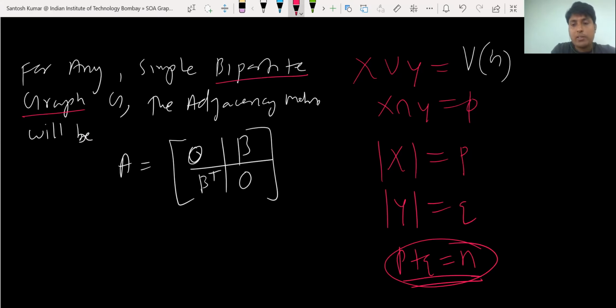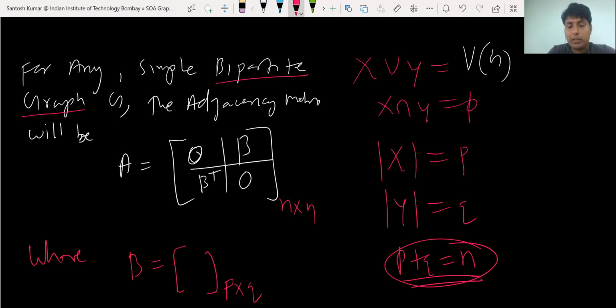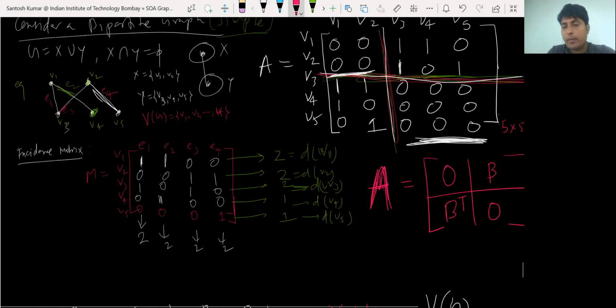So this A matrix is of order N cross N, where B is of order P cross Q. So number of elements in X cross number of elements in Y. Like you can see here, B is of order 2 cross 3.